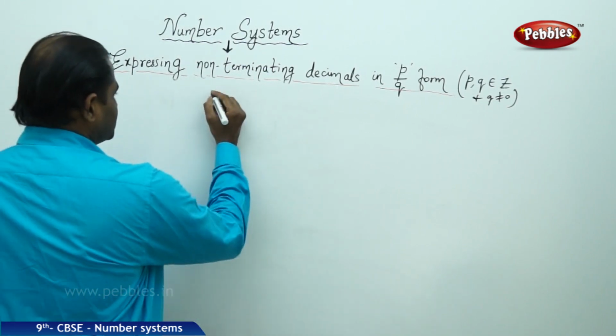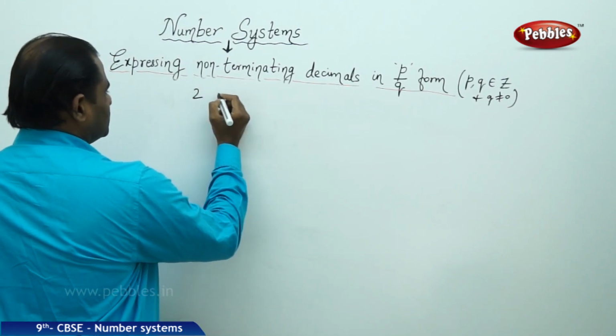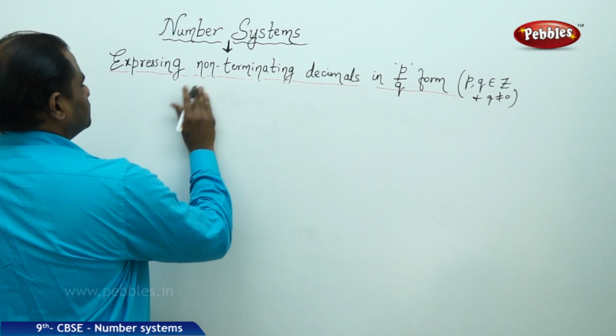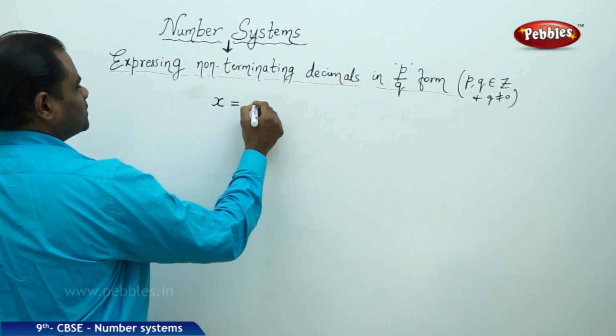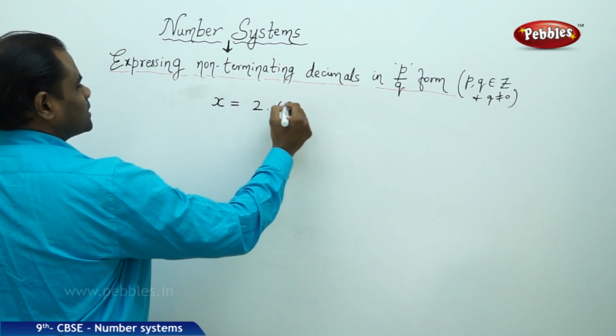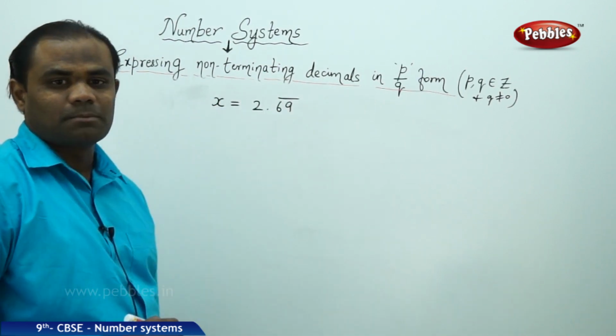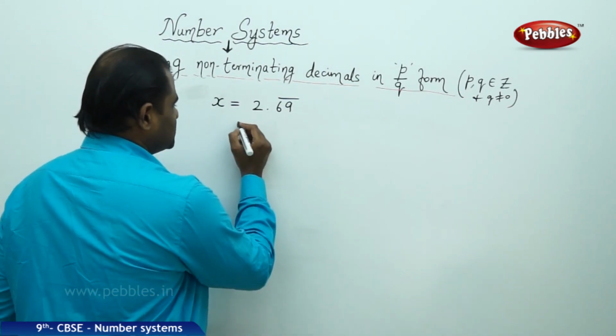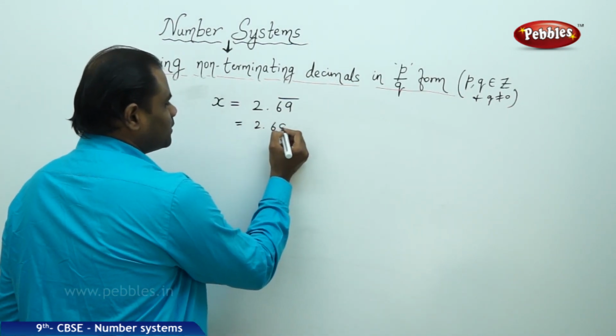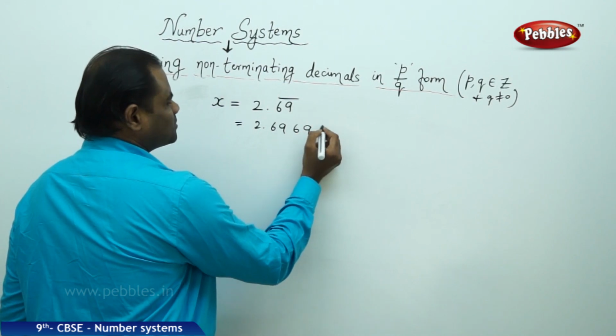For example, I take my value of x, which is 2.69 bar. Suppose my bar is over 2 digits, then the only thing I do is expand this, repeating the bar all the times.